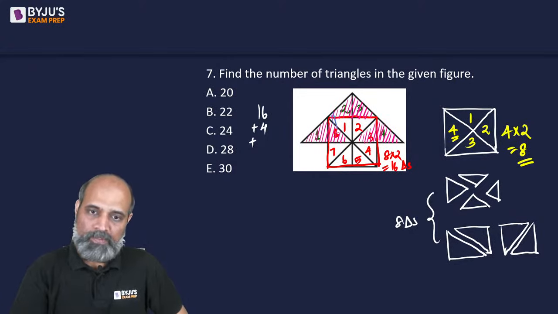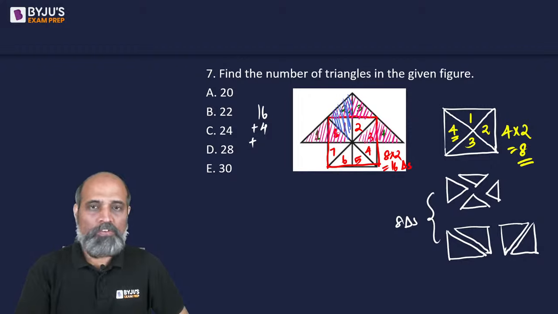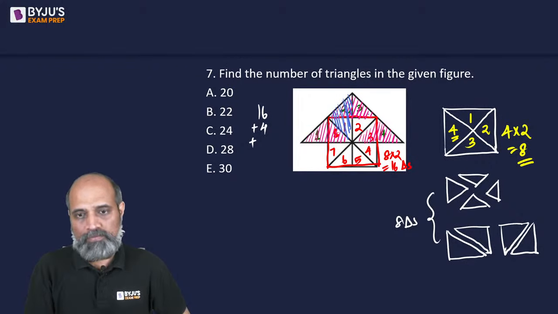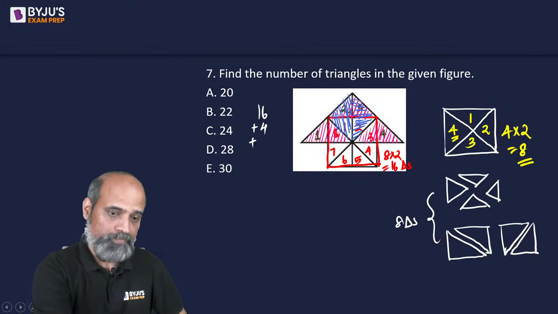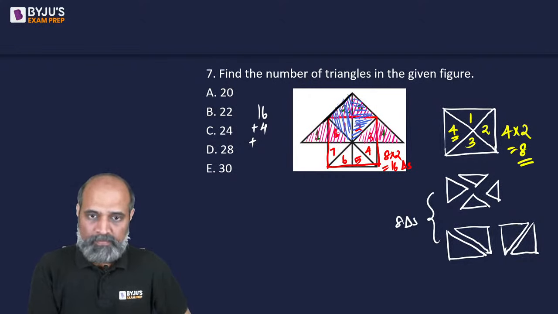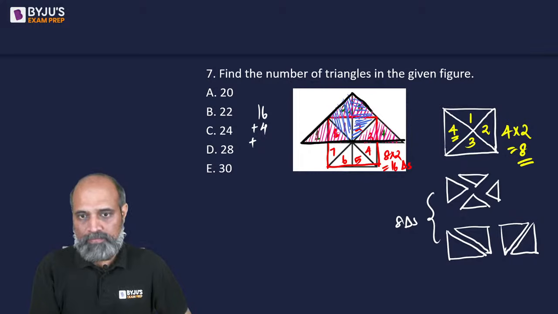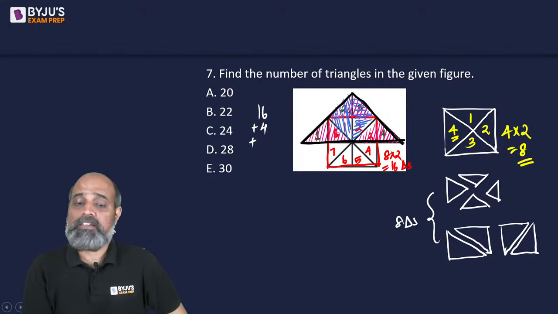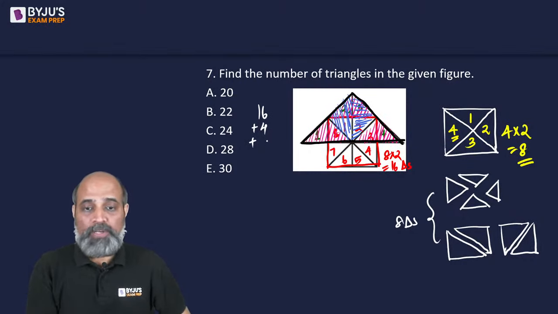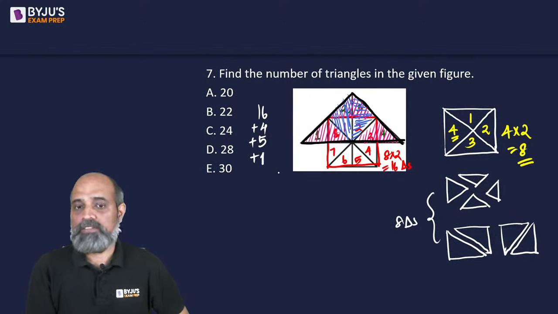Okay. Four, 5. Who will count this one? 6. So we happen to get 5 medium size and 1 largest, right?